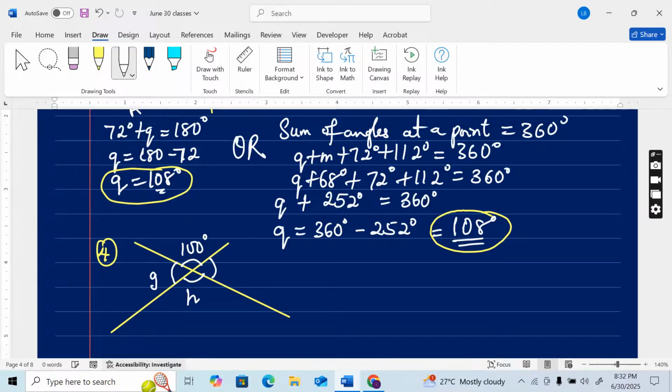Right on the side, I have angle K. All right. Now, let us look at it very well. How do we find angle H, angle K, and angle G? Now, don't forget that I said that the angles that are formed in an X diagram are called vertically opposite angles.